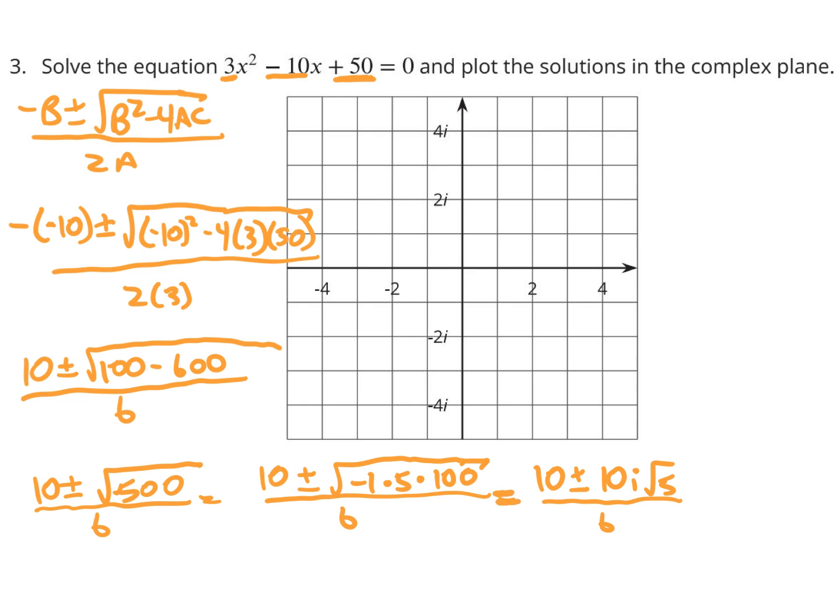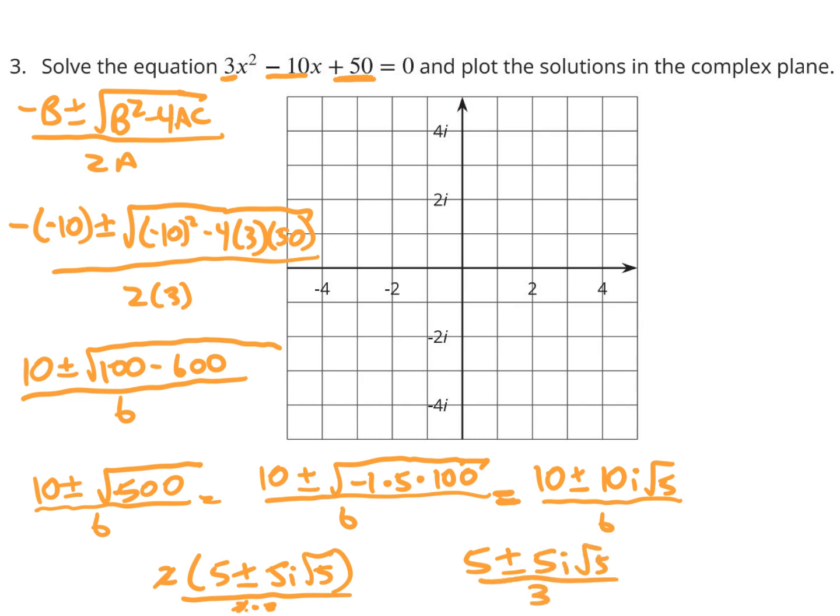You're not going to see this as an answer. So if I factor out a 2, I get 5 plus and minus 5i root 5 all over 2 times 3. I cancel out the 2's, and I get 5 plus or minus 5i root 5 over 3.